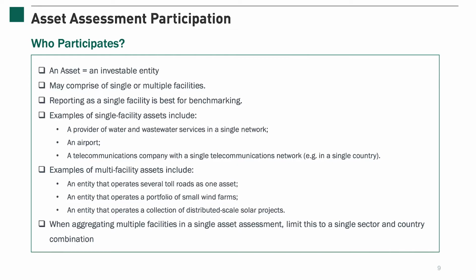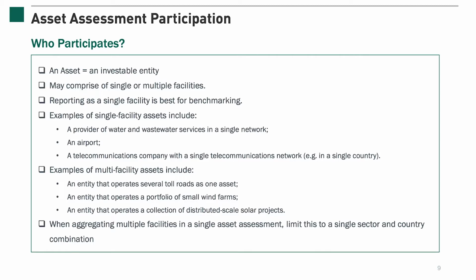In some cases, the asset's activities may be spread across a number of facilities. GRESB considers this to be a multi-facility asset. Examples of multi-facility assets include an entity that operates several toll roads as one asset, an entity that owns a portfolio of small wind farms, or an entity that operates a collection of distributed scale solar projects.